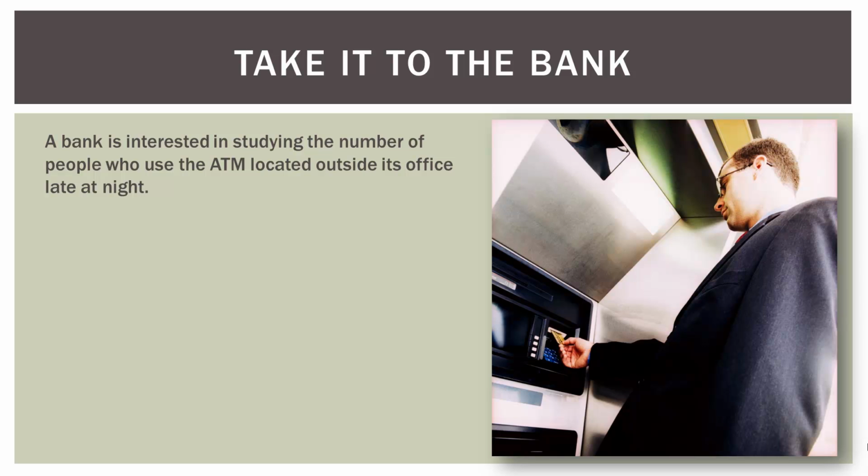Now, for many reasons, maybe, the bank is interested in the flow of people that walk up to the ATM. So they can look at the transaction history, they can look at the security camera, and they can figure out how many people arrive at the ATM for a given time interval.